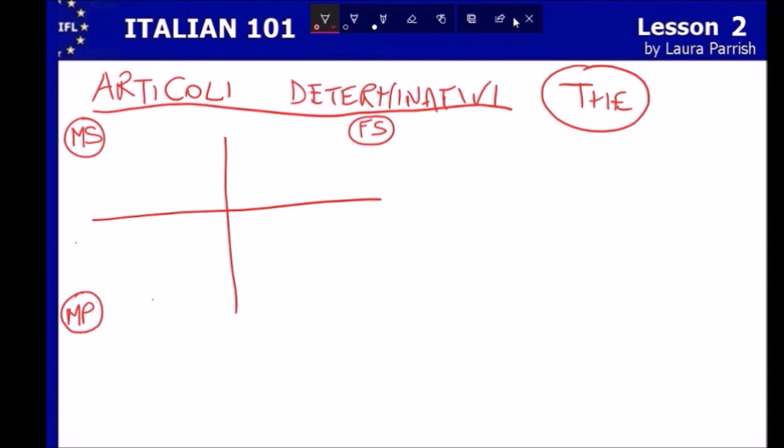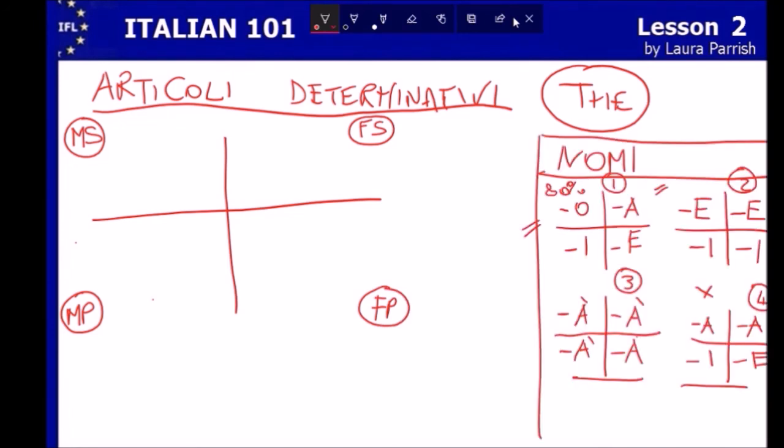And here we're going to have feminine plural. Okay? So now about the articles, let's write the most common masculine singular article, that is il. Most common feminine singular article, that is la. Masculine plural i. Feminine plural le.